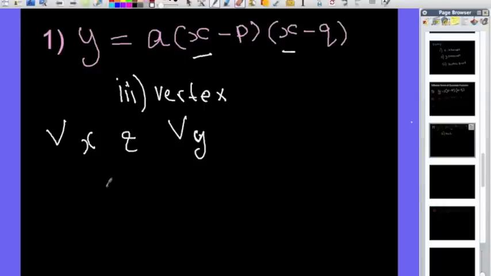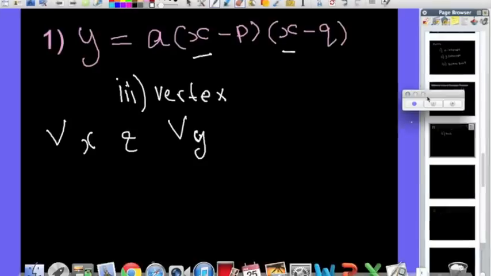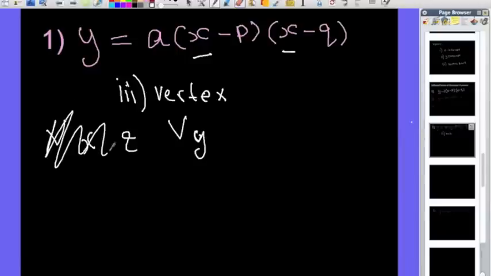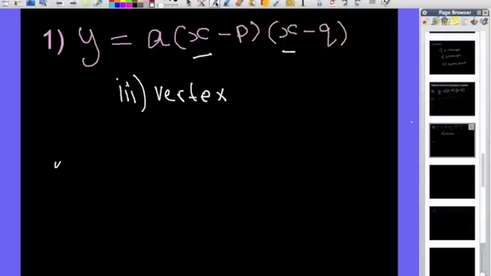What did I just say? Okay, let's forget this. Oh god, I am drawing it wrong.